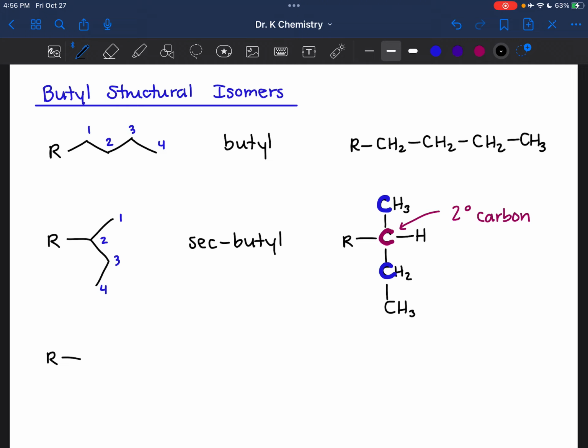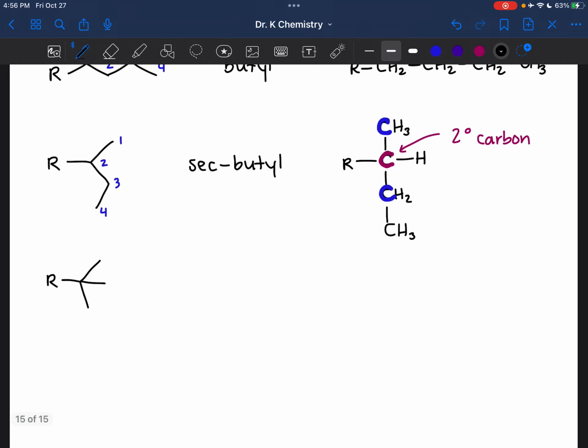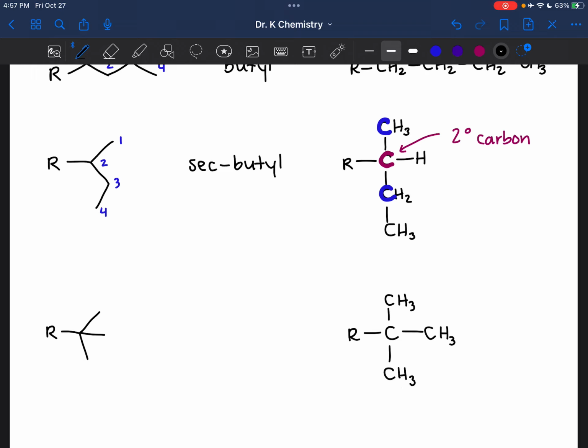We can also have the butyl substituent connect through a tertiary carbon. So I'll expand this out so you can see how that actually connects. So notice that this carbon in the middle is connected to 3 carbons. And when we're classifying these substituents, the R group is actually a carbon, but we kind of ignore that.